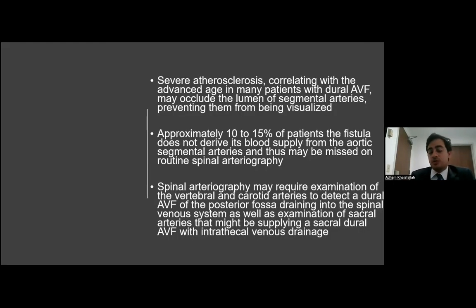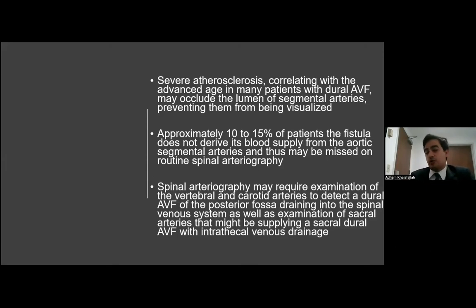They explained how severe atherosclerosis with advanced age might occlude the lumen of the segmental arteries, which might be why we did not see it. Looking back, our patient was 73 years old. It might be a good explanation.